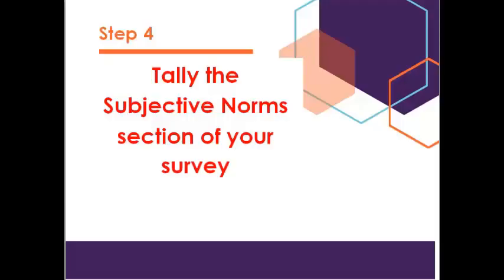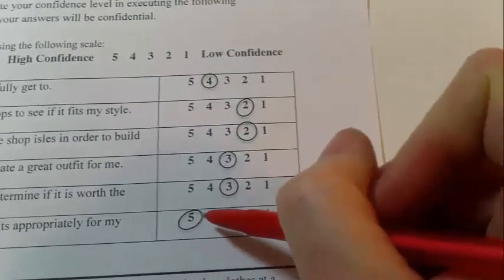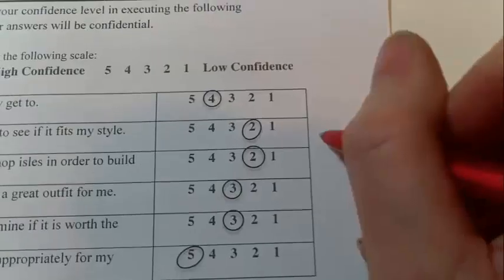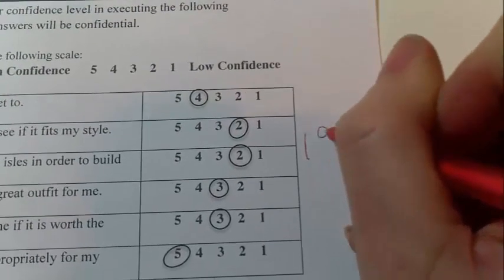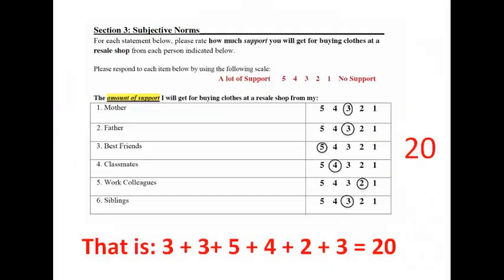Step 4 is to tally the subjective norms section of your survey. So go to your survey and find the subjective norms section, and then for each respondent, just like you did for the self-efficacy instrument, you're going to tally the responses. So here's an example of a completed section of subjective norms, and you can see that I added all the numbers and I got 20.